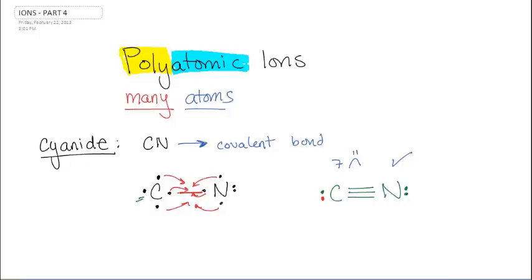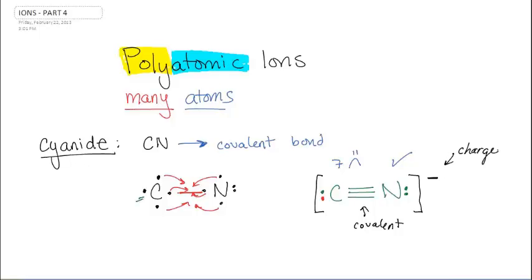Carbon adding an electron here means that this whole compound now has an extra negative charge that it didn't have before. So even though carbon and nitrogen are joined by covalent bonds, the molecule as a whole is actually an ion because it has a charge.